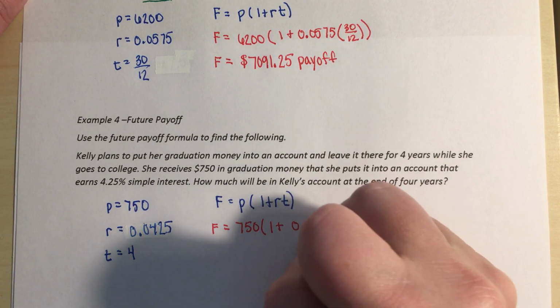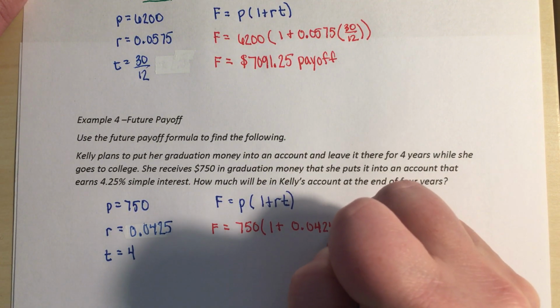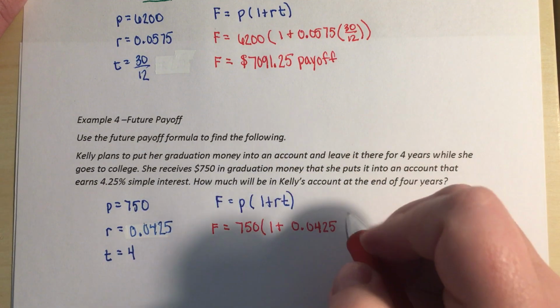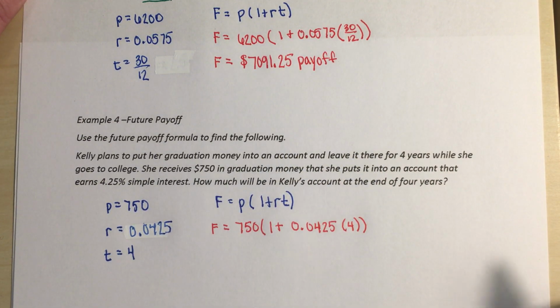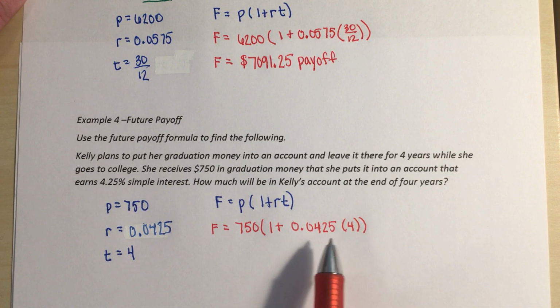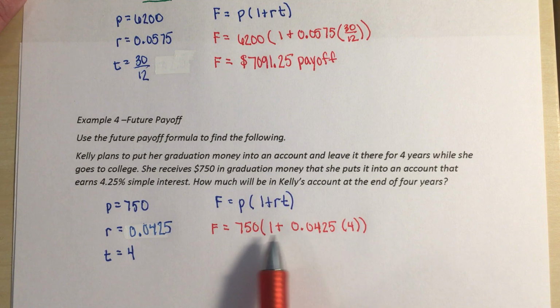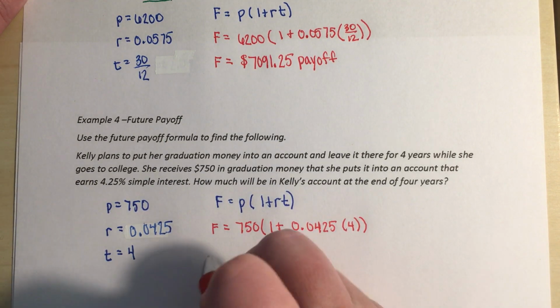So 0.0425 times our time, which is 4. Again, plug it into your calculator all at once. If you want to do it in steps, we work inside to out. So do this first, then add it to 1, and then do that multiplication.